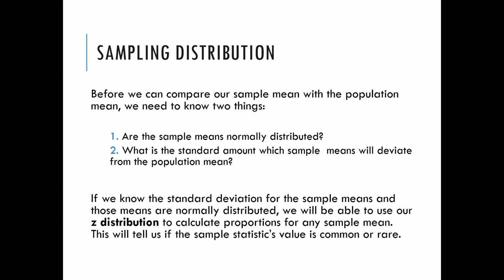And this is what will tell us if the sample statistic's value is common or rare. So remember, in that probability distribution that we saw in the first slide, that central area corresponds to common values, and the tail ends correspond to rare values.